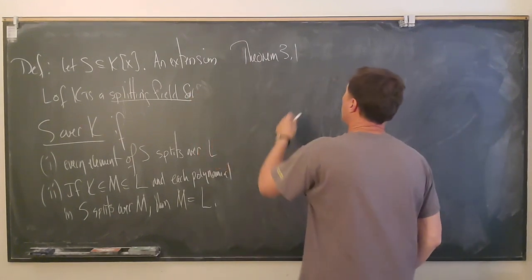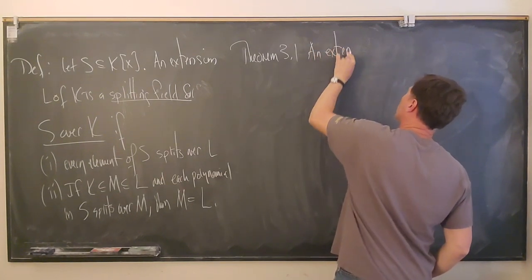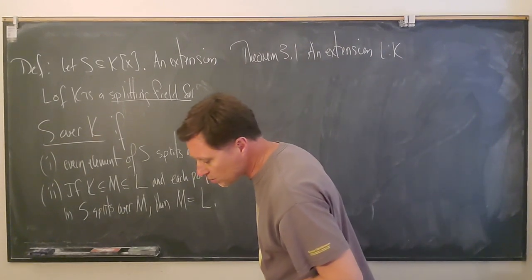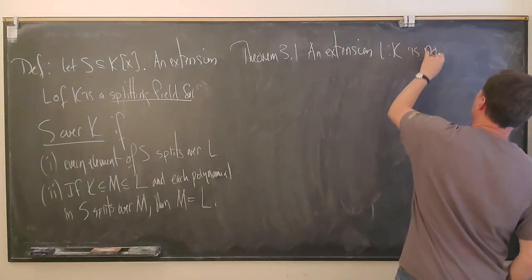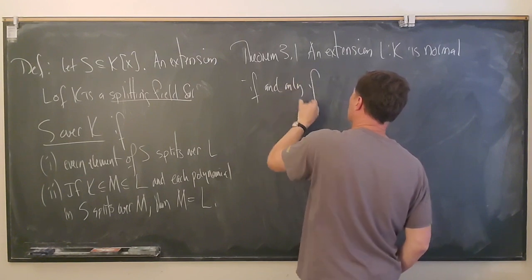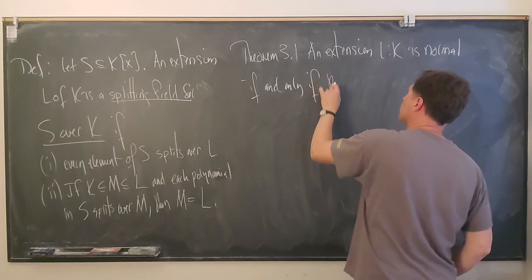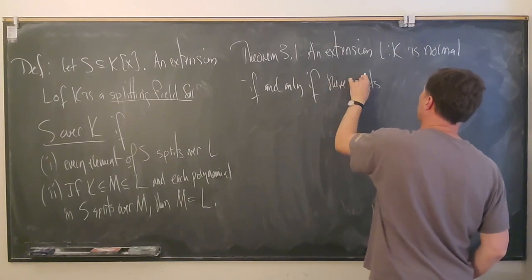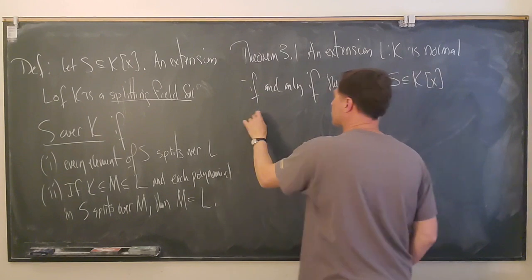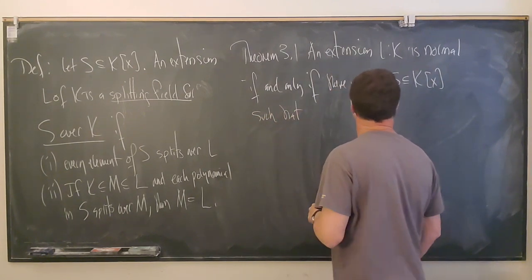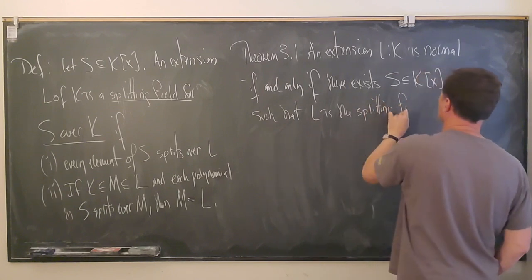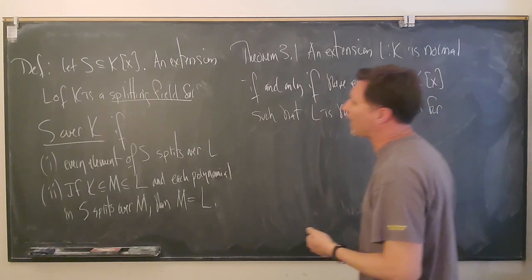An extension L over K is normal if and only if there exists some subset S of K[x] such that L is a splitting field, and I guess technically I should say a splitting field, right?